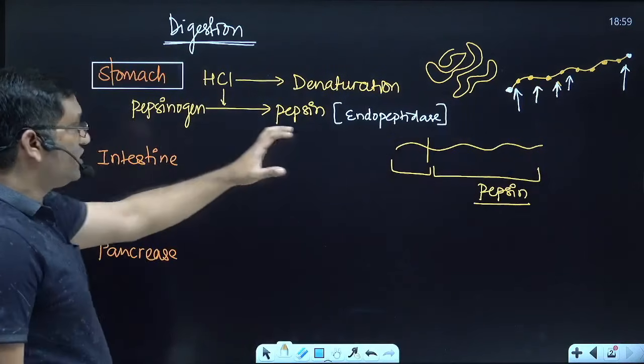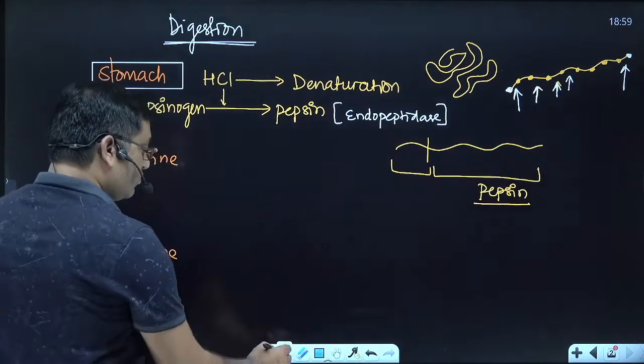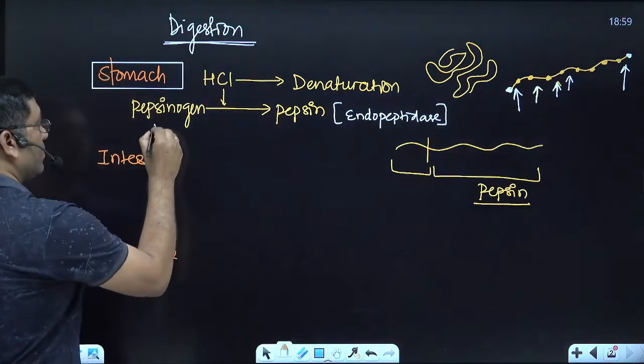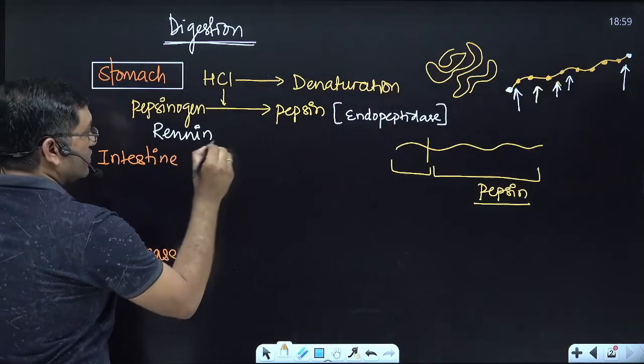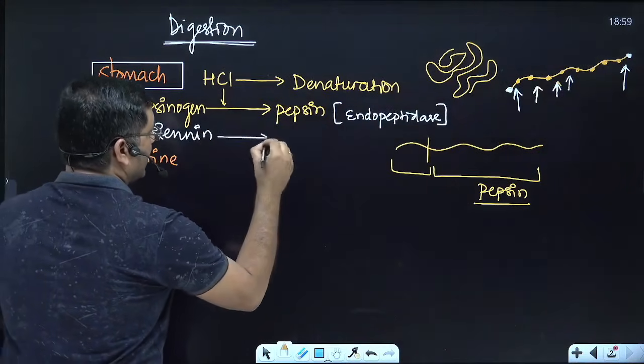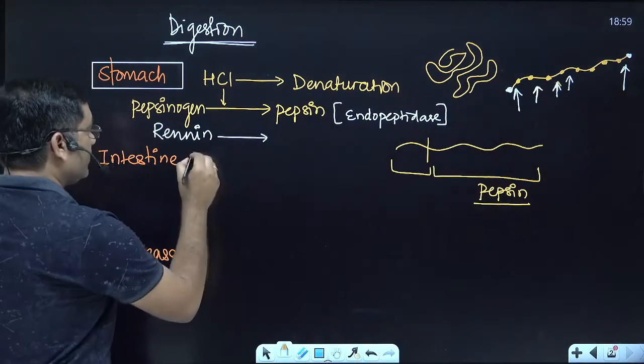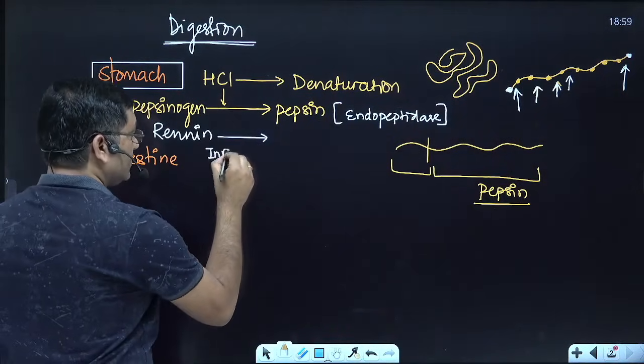So pepsinogen is converted into pepsin, and the third important enzyme is renin. It is chymosin, an enzyme present in the infant. It is not present in the adult.